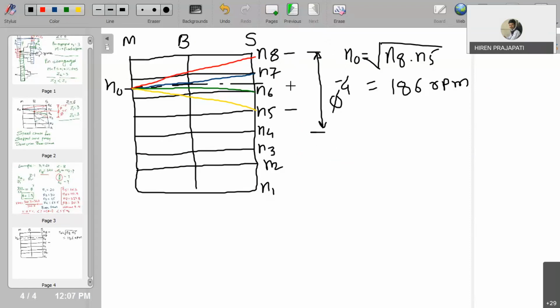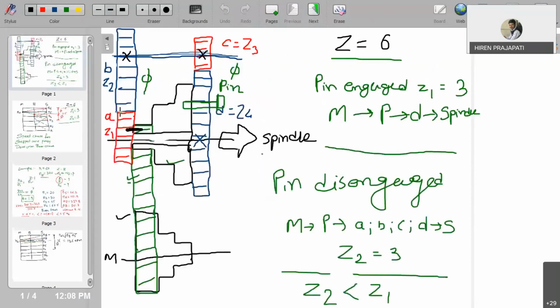Then the value of each back gear will be, if you look here in this diagram, so this is from A to D gear ratio. Its total is 5 raised to minus 4.